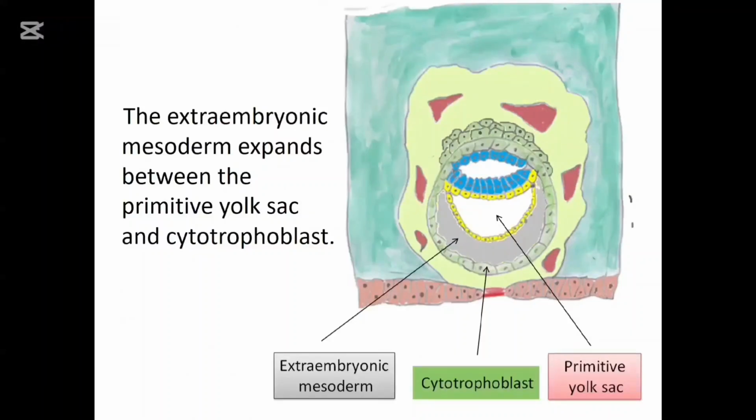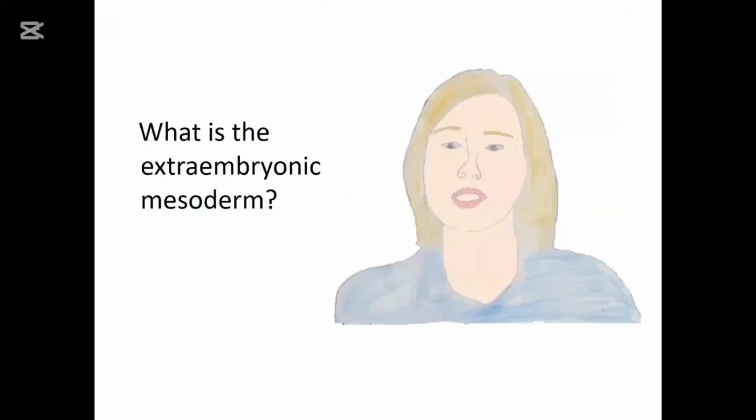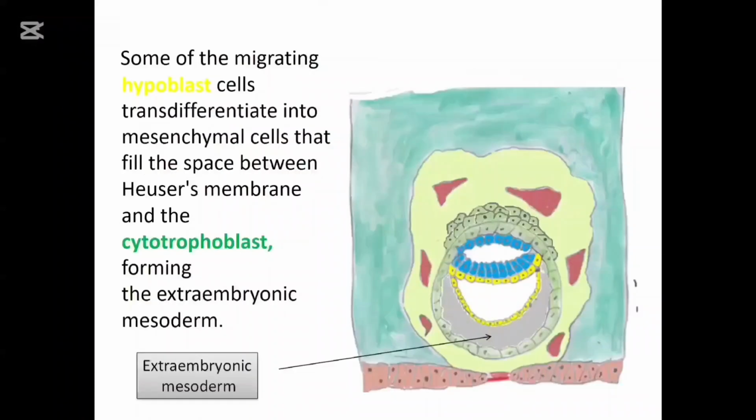The extraembryonic mesoderm is an expansion between the primary yolk sac and cytotrophoblast. Cytotrophoblast is shown here in gray color. What is the extraembryonic mesoderm? Some of the migrating hypoblast cells undergo transdifferentiation into mesenchymal cells that fill the space between Heuser's membrane and cytotrophoblast, forming the extraembryonic mesoderm in gray here.